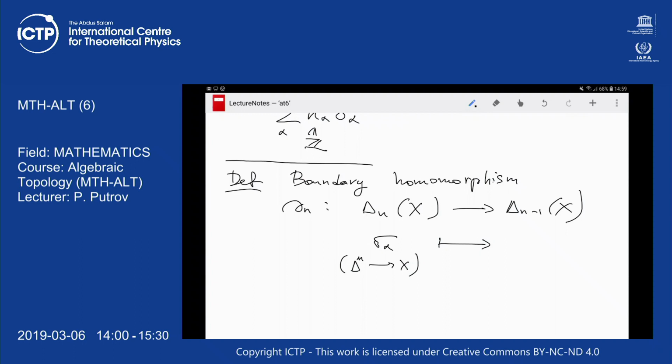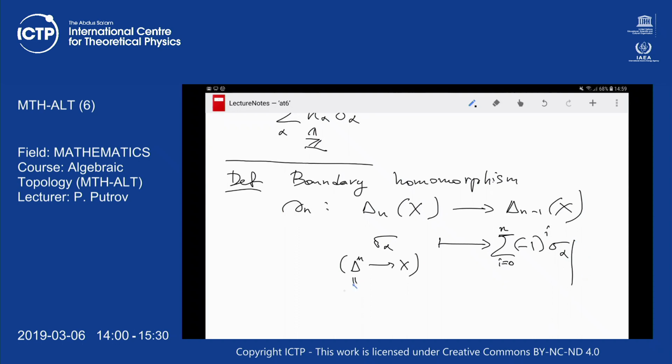So we map it to a certain linear combination, where i goes from 0 to n, the coefficients will be minus 1 to the i, and here we'll have sigma alpha restricted.